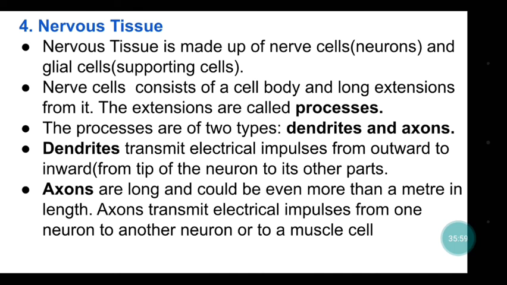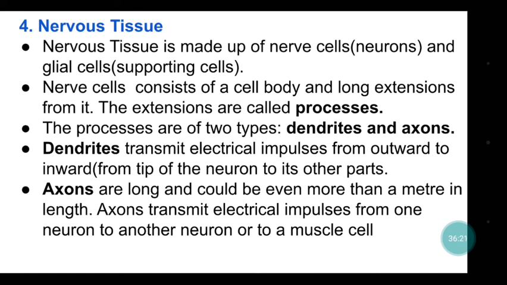The glial cells are the supporting cells. They provide nutrition to the nerve cells and protect them.